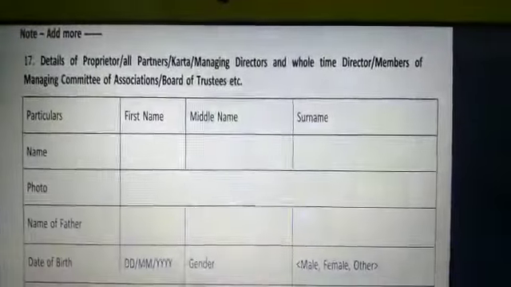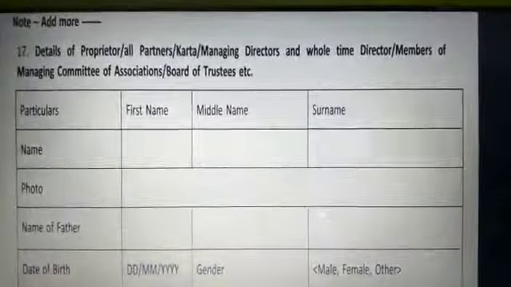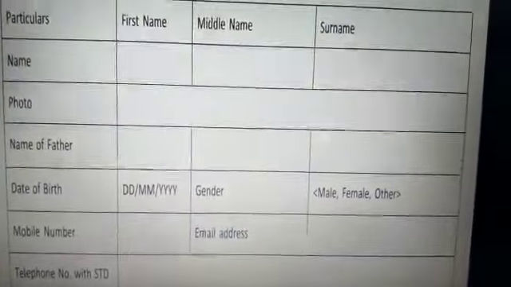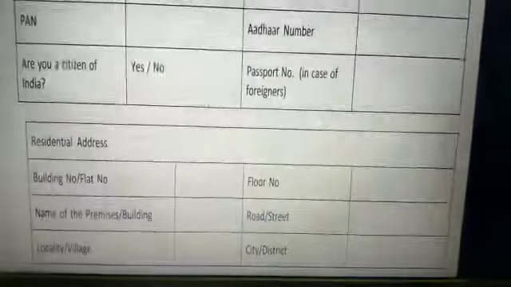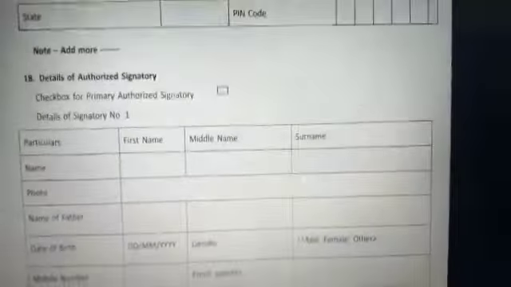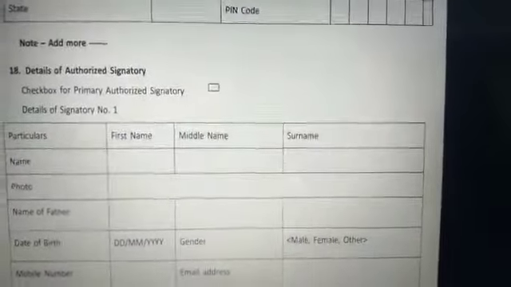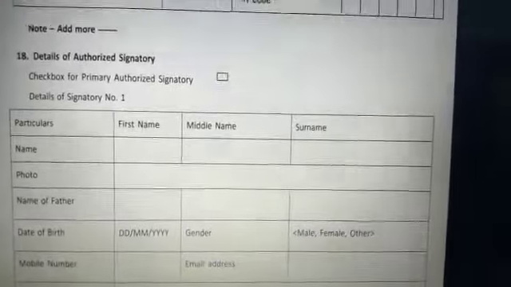Then these are the details of the proprietors, partners, directors, etc., with full address, including residential address. And then details of the authorized signatory, the person who is authorized to sign the GST return.